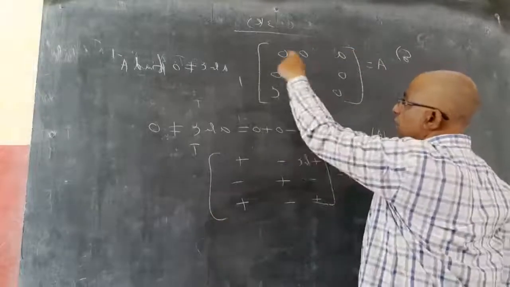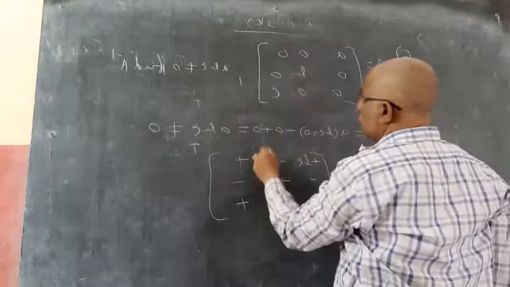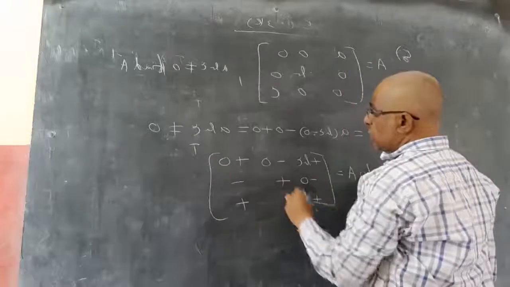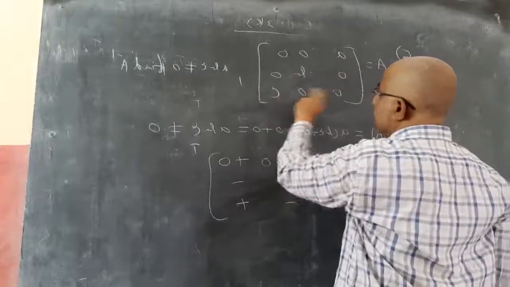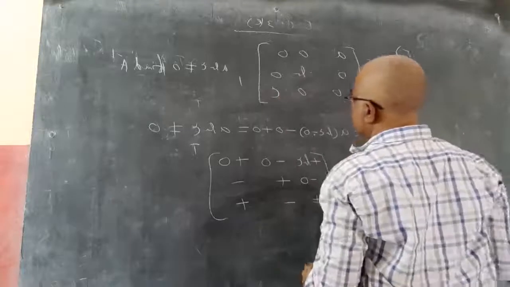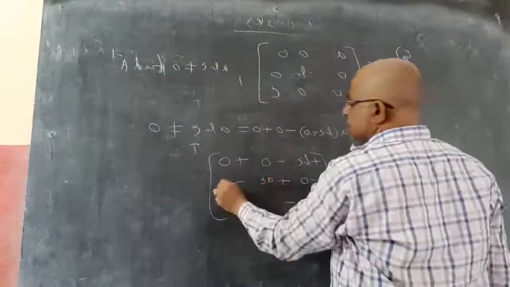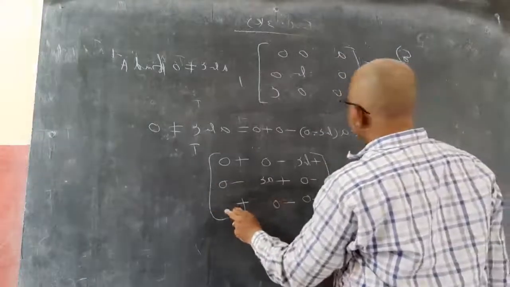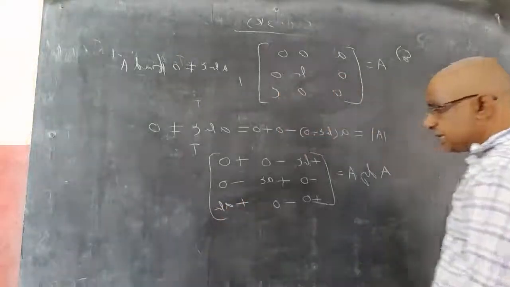And here, closing this row, this column, gives you 0 minus 0, 0. For this element, closing this row, this column, 0. Same, this element, 0. But coming to this, closing this row, this column, AC minus 0, AC. Next, again 0. Again coming to the last element, AB minus 0, AB.